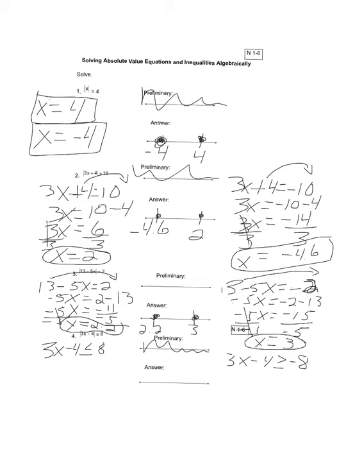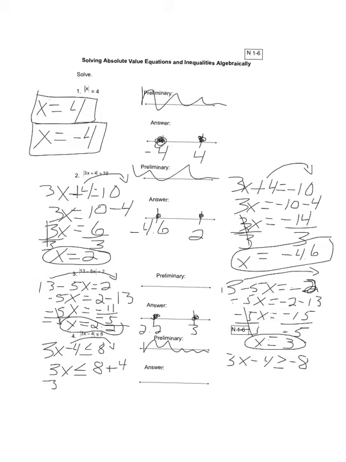Solving the first one. Is the x already on the left side of the bridge? Yes, and it's a 3x. Close the bridge, and we have 8. What am I taking across? The negative 4 becomes a what? Positive 4.